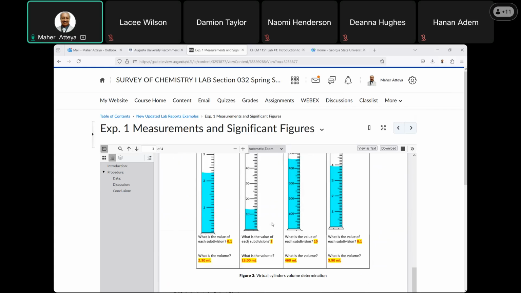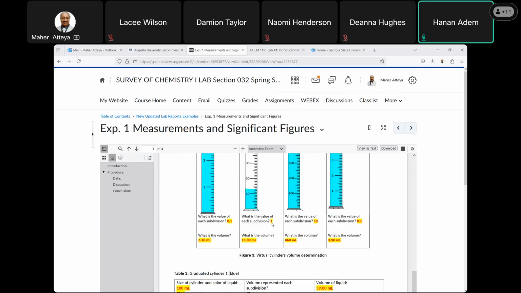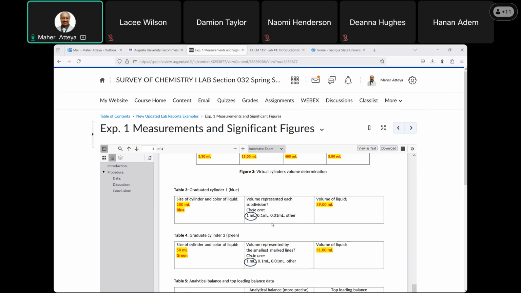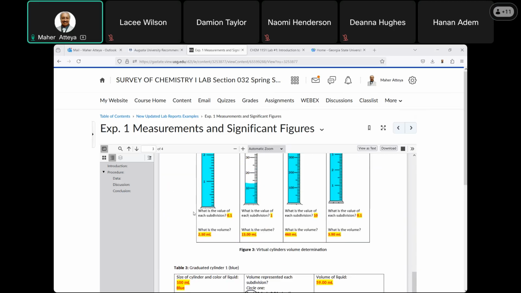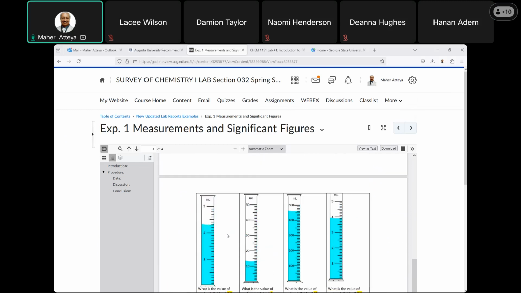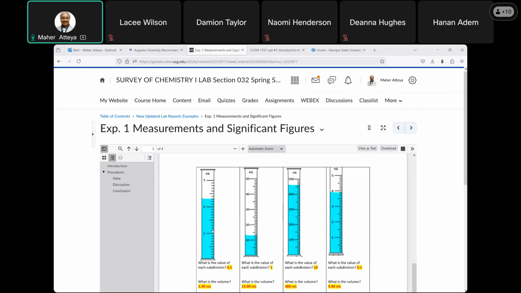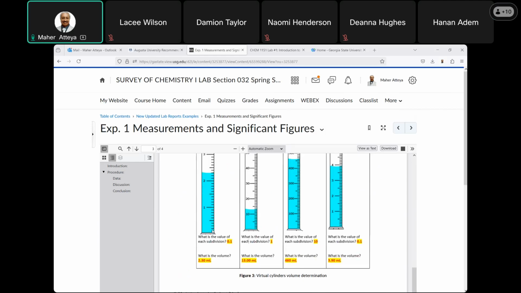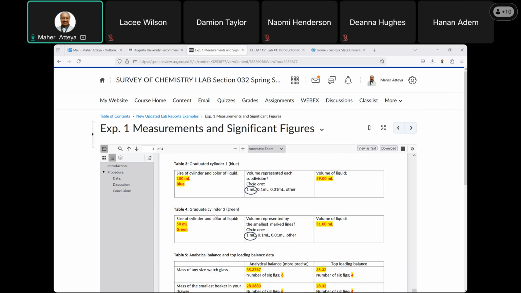Okay, guys, can you see it? Everybody can see the graduated cylinder? Yes, sir. Okay, we did this one here. You can come up with the size, the subdivision of each graduated cylinder and the liquids in them. And you can see the actual volume, the total volume of the liquid inside those graduated cylinders.